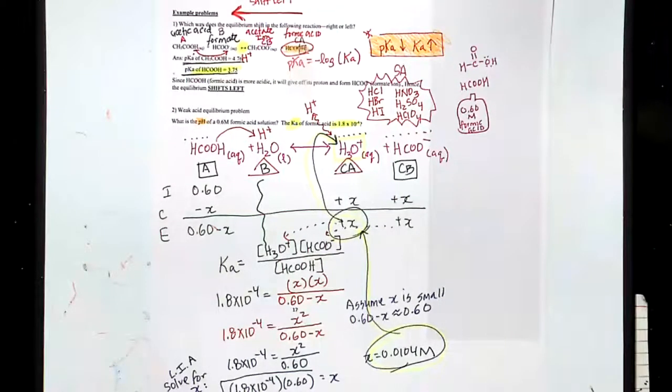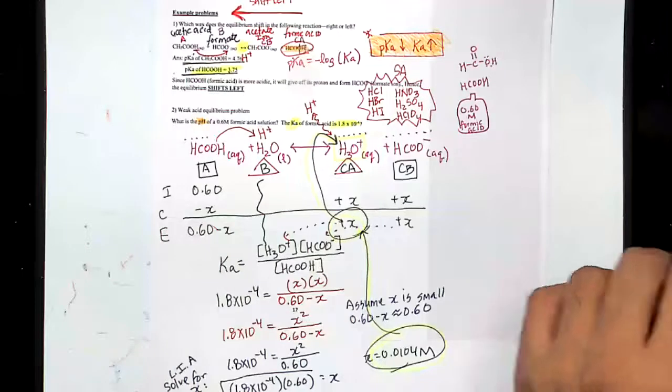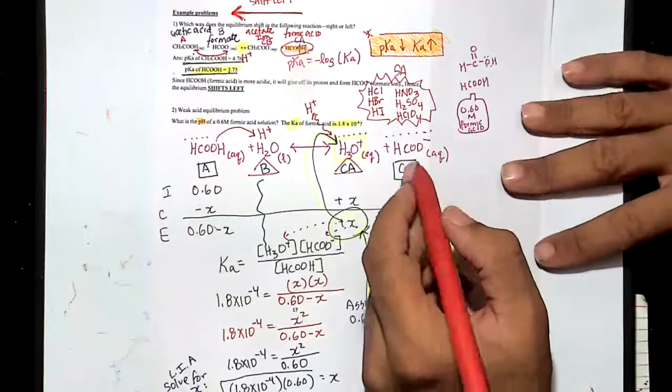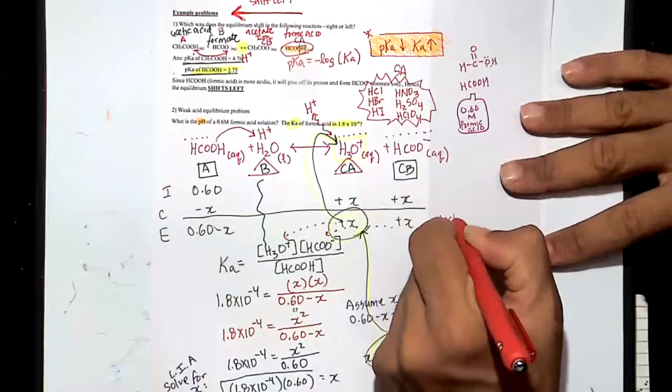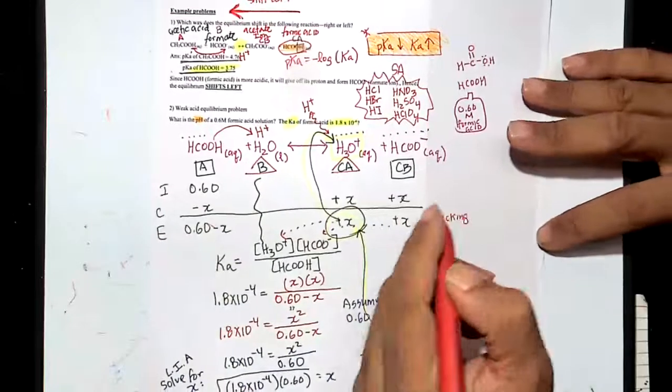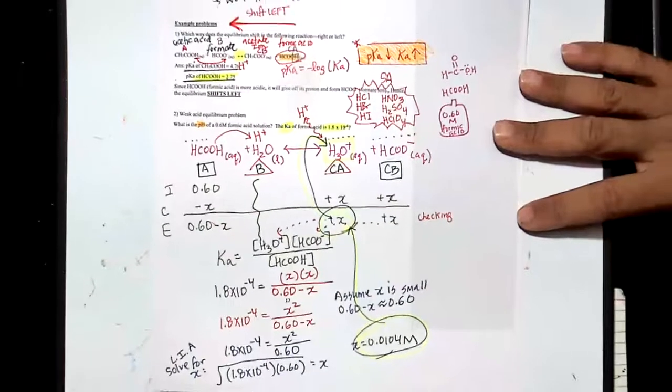Okay, let's check our low ionization assumption. The threshold is 5%. Sometimes assumptions fail.